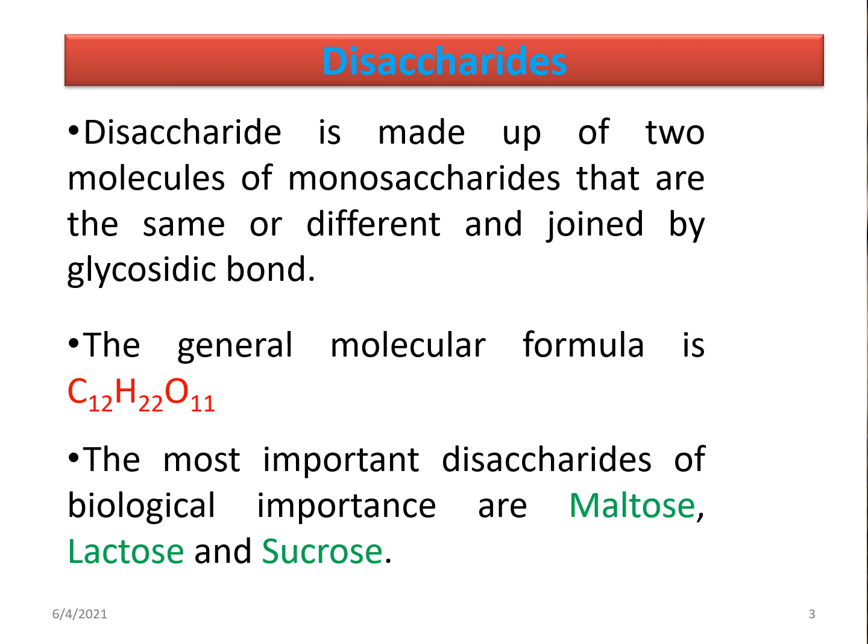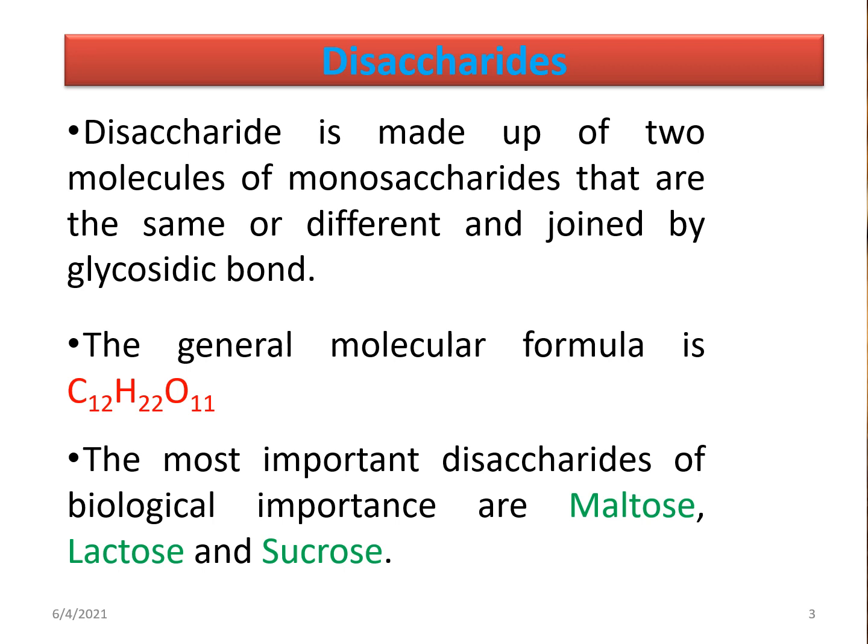Disaccharides are made up of two molecules of monosaccharides, whether from the same type of monosaccharide or from different monosaccharide units. These monosaccharide units within the disaccharide are joined by an O-glycosidic bond.